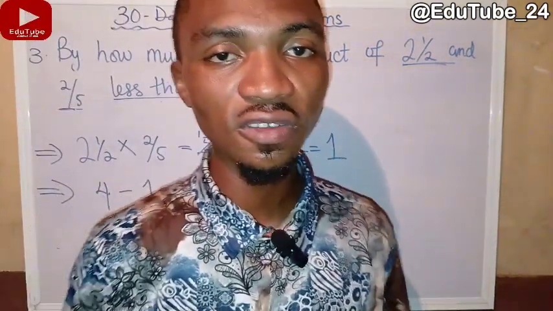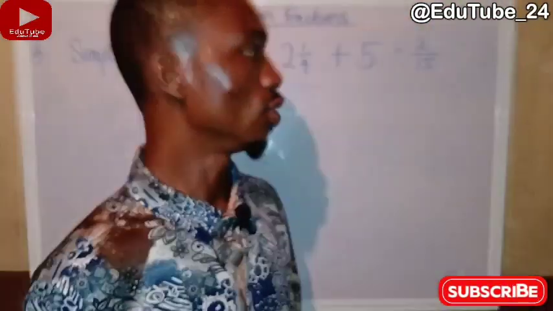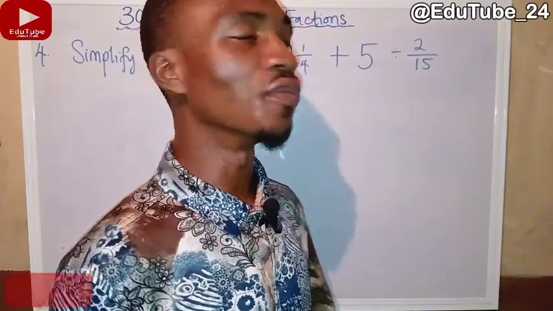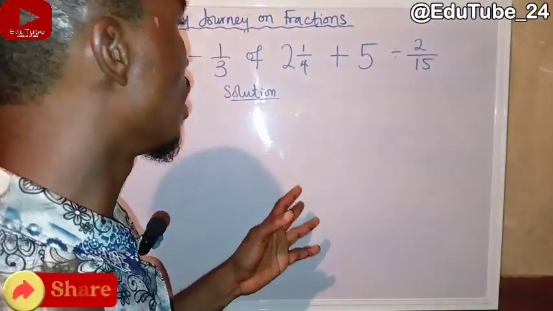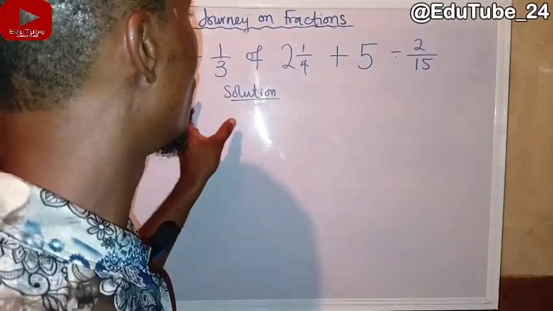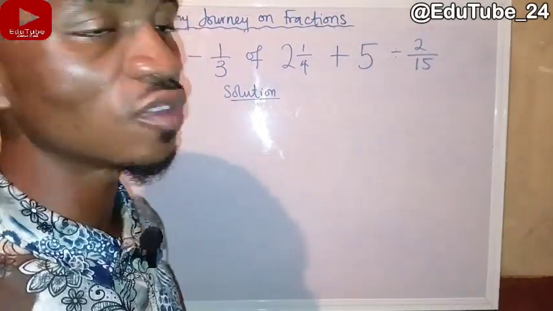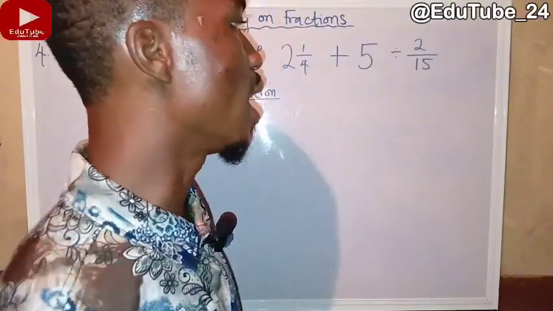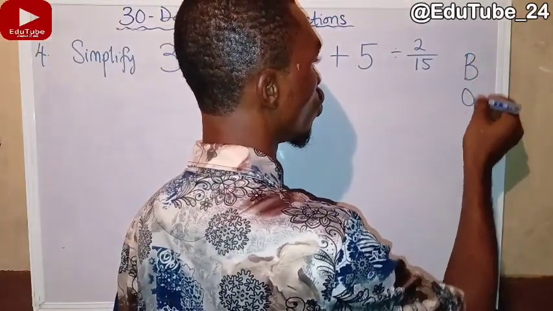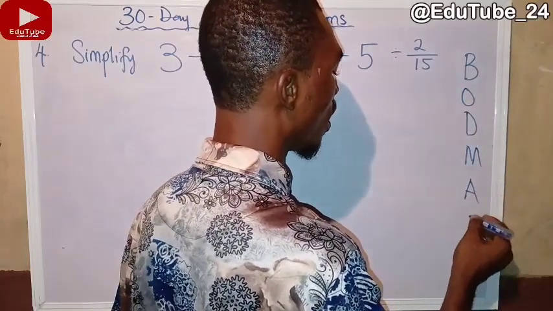Let's go on to the next question, number 4. Now, this question number 4 is a typical question on order of operations. And in mathematics, to solve order of operations in fractions which are made up of multiple operators and multiple elements of numbers, we use an acronym called BODMAS, which is B-O-D-M-A-S.